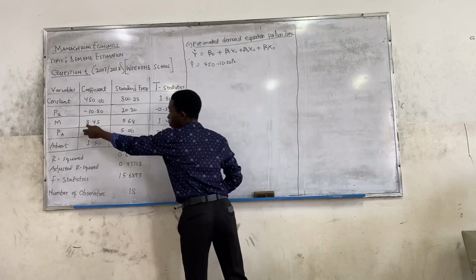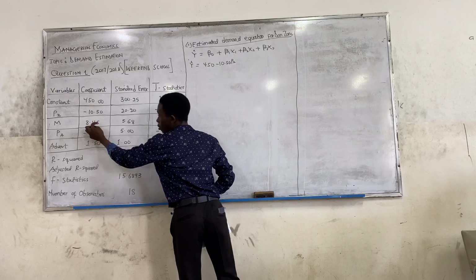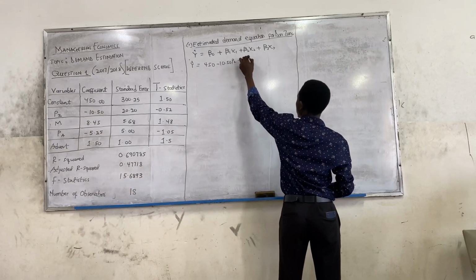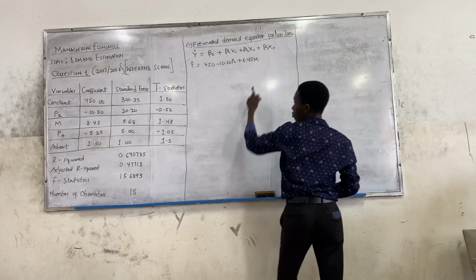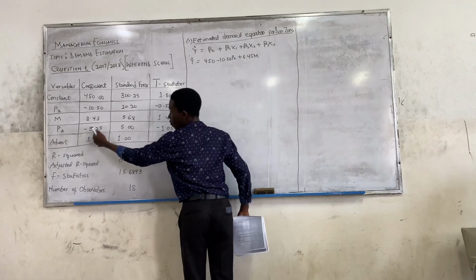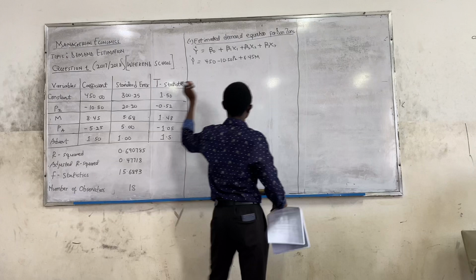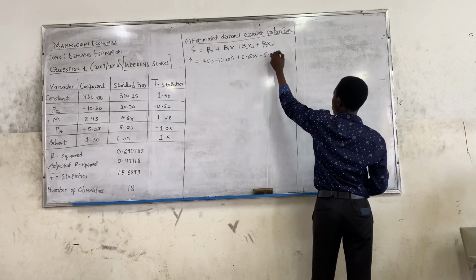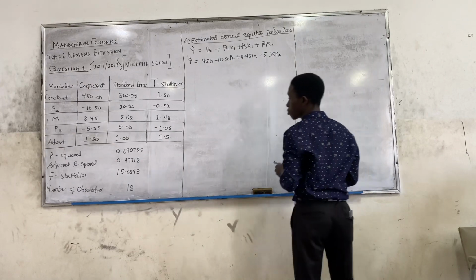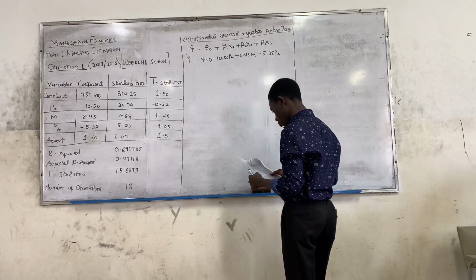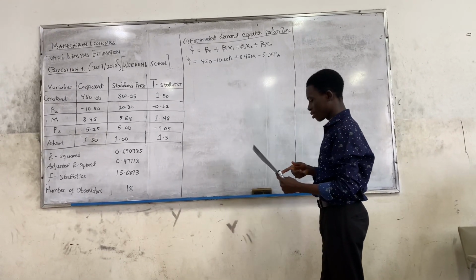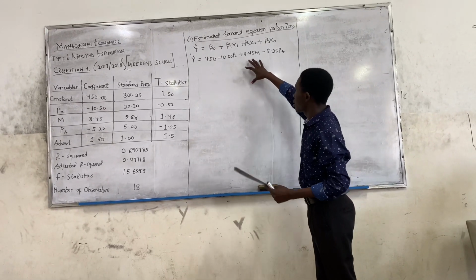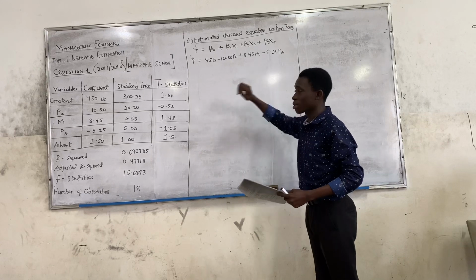The next one, plus 8.45 M, minus 5.25 PA. So there is the estimated demand equation for Donzano.